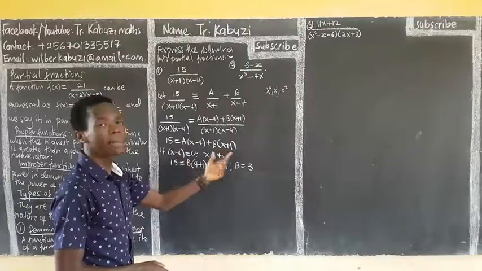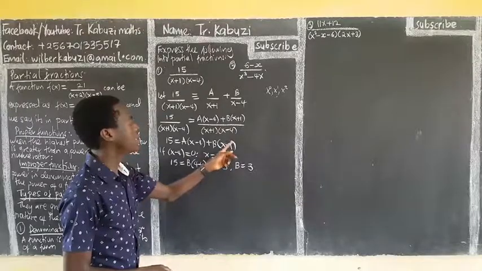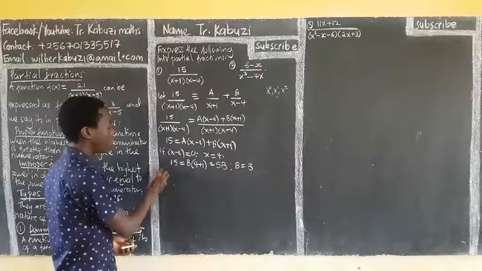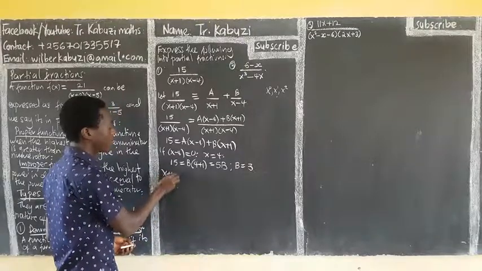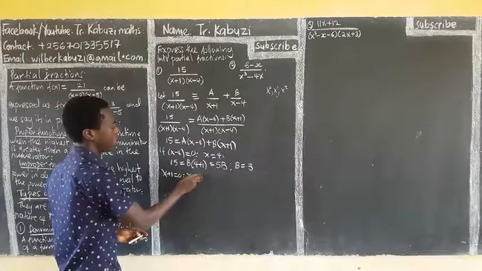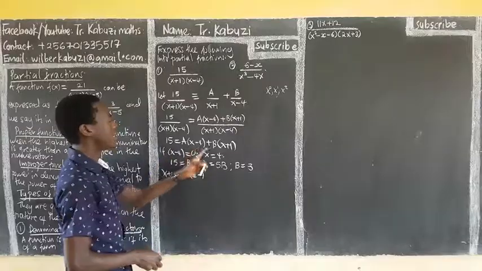So in simple terms, you put the value of x to be the one which makes this bracket 0, but on the opposite side. Or you can easily say, when x plus 1 is equal to 0, if you take 1 to the other side, our x is going to be negative 1. So if x is negative 1, we substitute here.